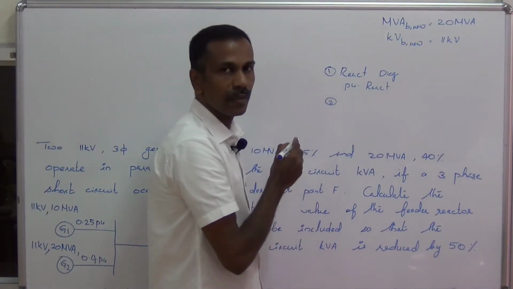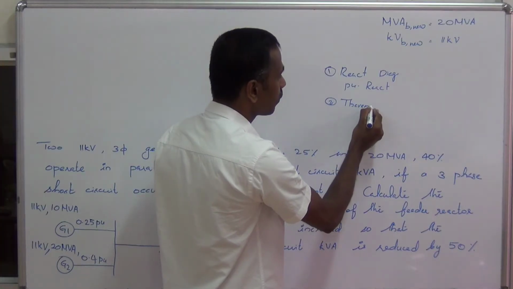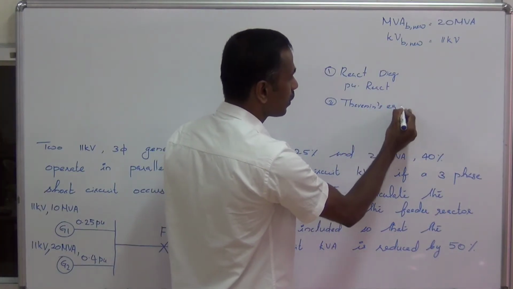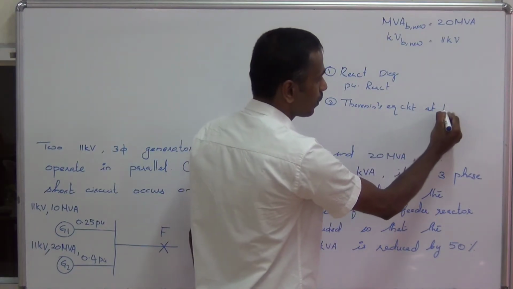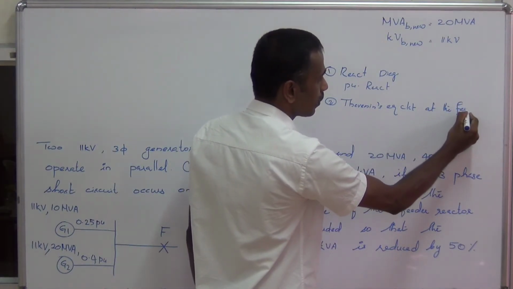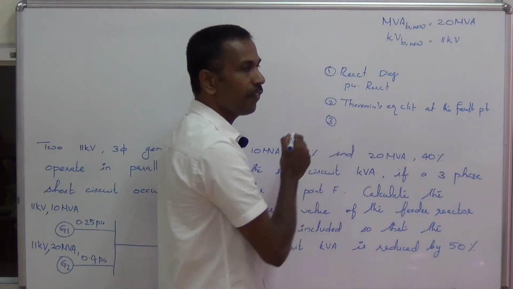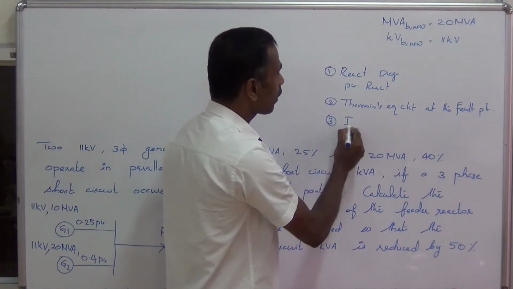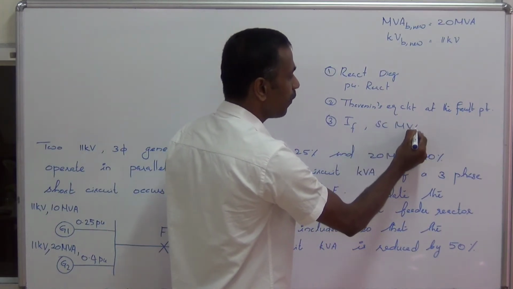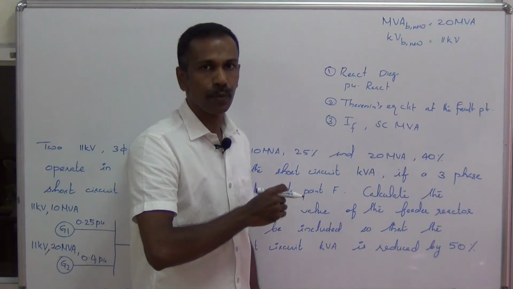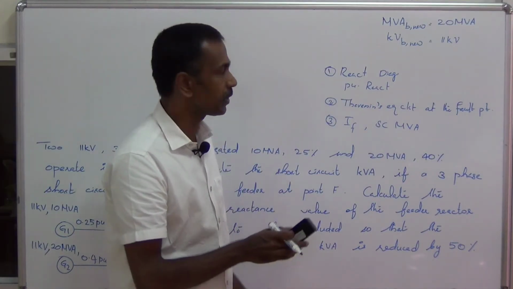Then we have to find the Thevenin's equivalent circuit at the fault point. Then we can find the fault current or the fault MVA or the short circuit MVA. This is the approach we use to solve the three-phase ground fault problems.